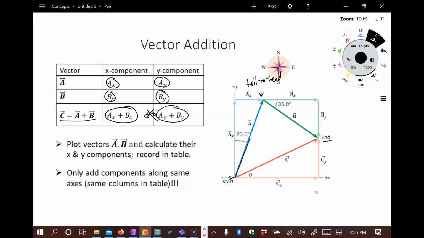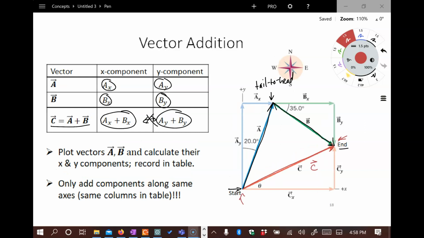So here's our vector A, tail to head, vector B. And then when we finally draw the resultant vector, C, you go to the very initial point where you started and draw to the very last point that you ended. And there's your vector C. This is called geometric or graphical vector addition.